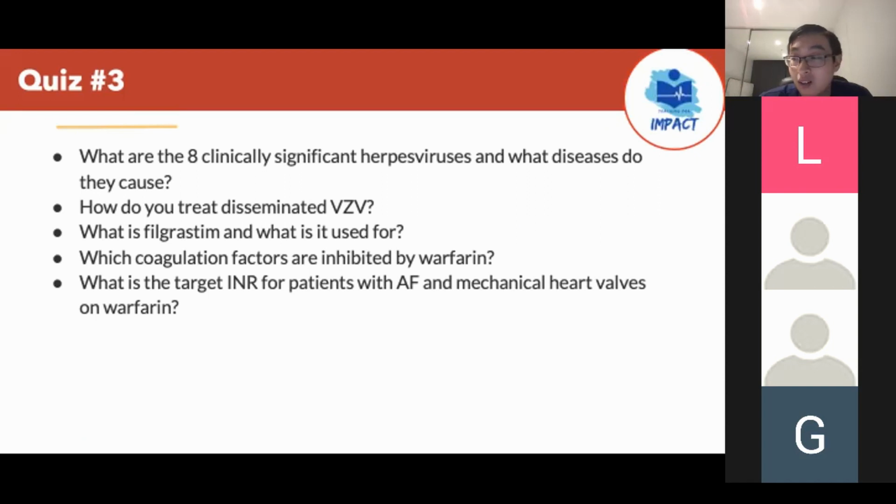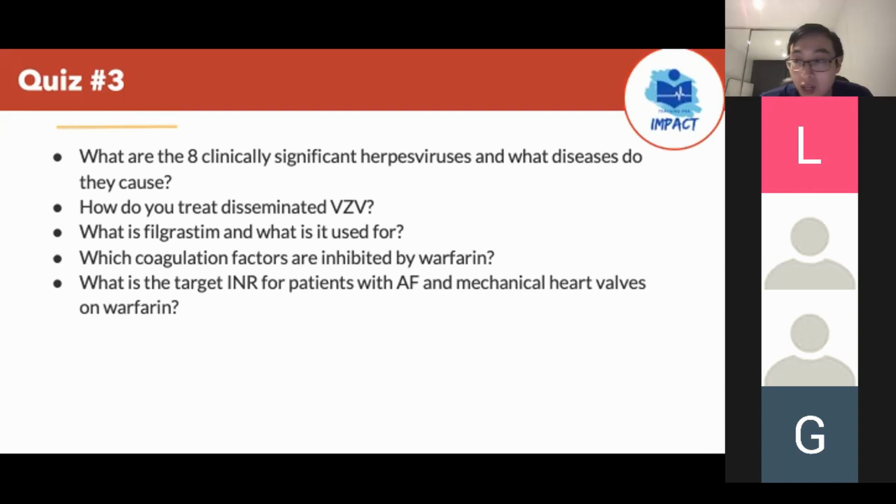Fourth, EBV, fantastic, causes glandular fever, infectious mononucleosis. Fifth is cytomegalovirus, so CMV, which sometimes causes CMV pneumonitis in immunocompromised patients. 6 and 7 are called human herpes virus, so HHV 6 and 7.